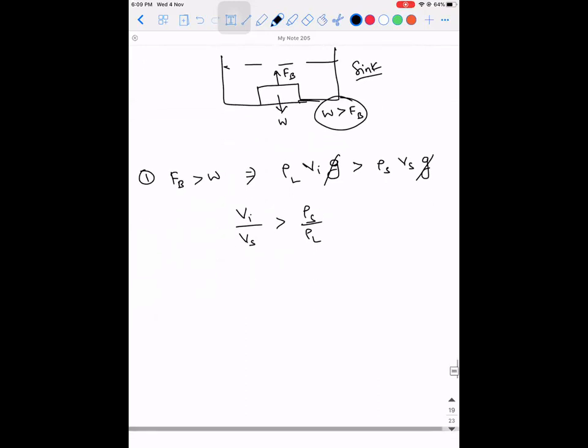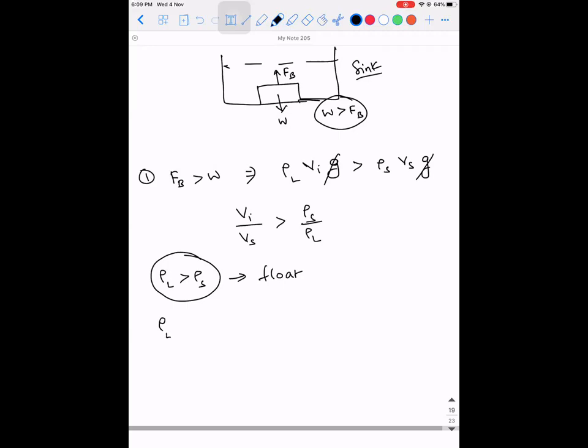So when density of solid is greater than density of liquid, what will happen? I'll take it in reverse. When the density of liquid is greater than the density of solid, the object will float. You guys know this, right?